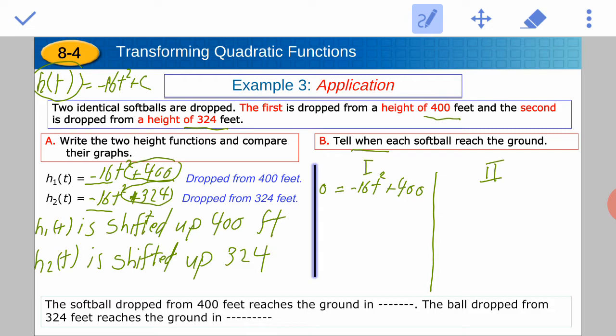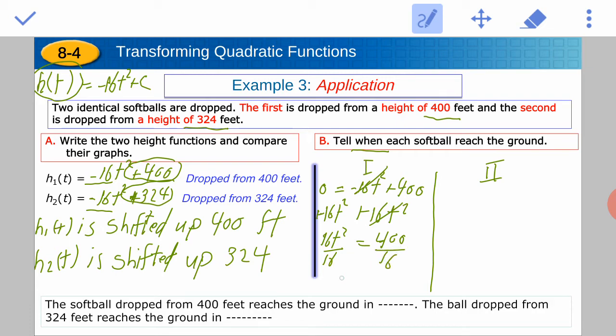And guys, to solve this equation, you need to add 16t squared to both sides. In order to get rid of this term, you add its opposite. Now simplify the result. 0 plus 16t squared simplifies to 16t squared, and on the opposite side we have 400. If you want to isolate the variable t, you divide by 16.